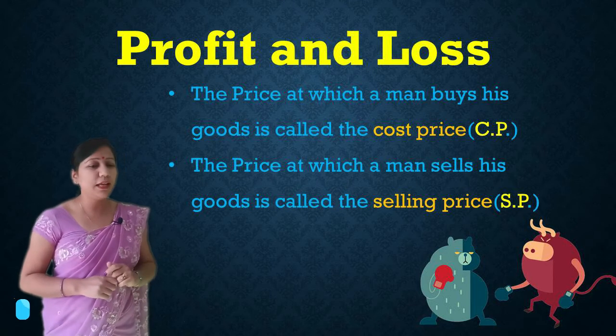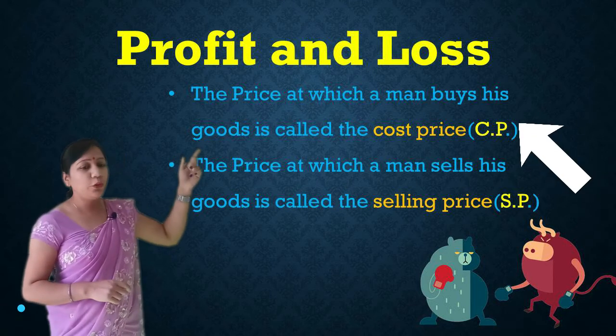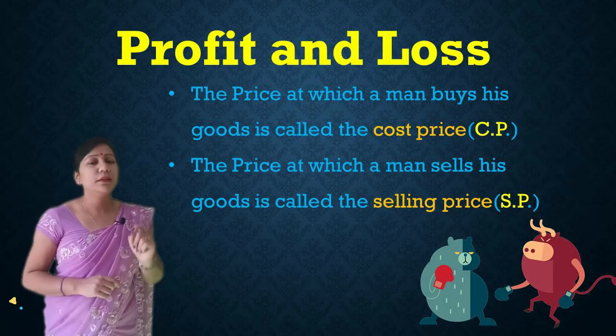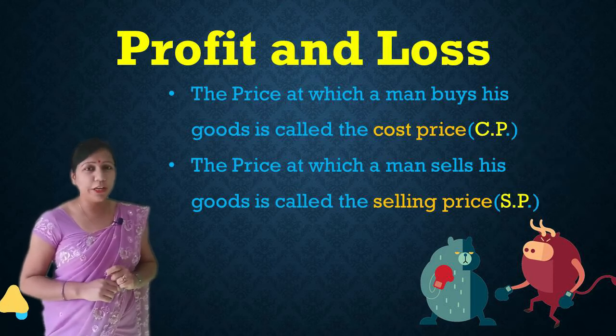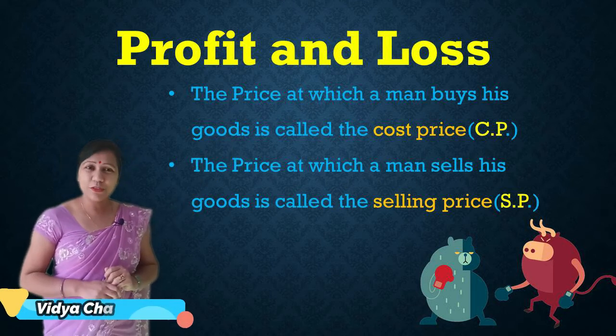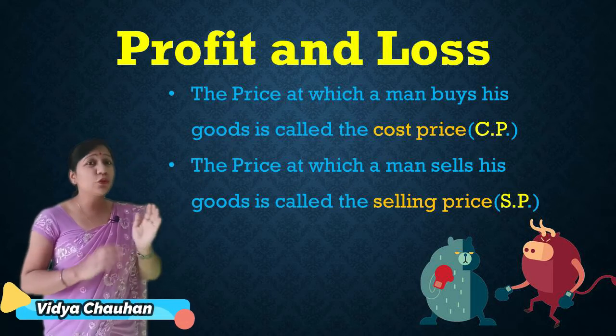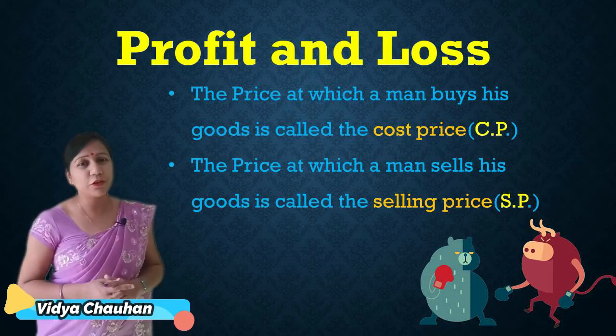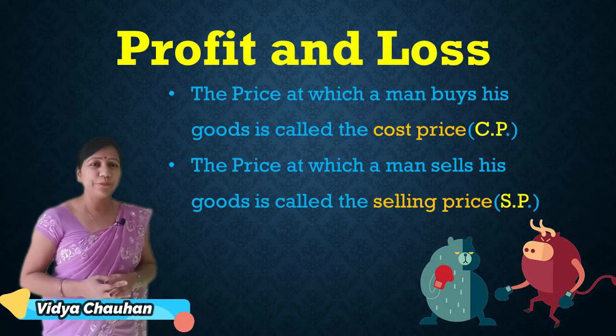So we can say that the price at which a man buys a good is called the cost price, denoted by CP, as you can see on the board. Clear, students? So the price at which goods are purchased is called the cost price of the object or item.